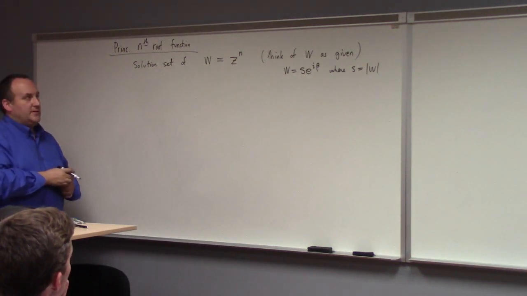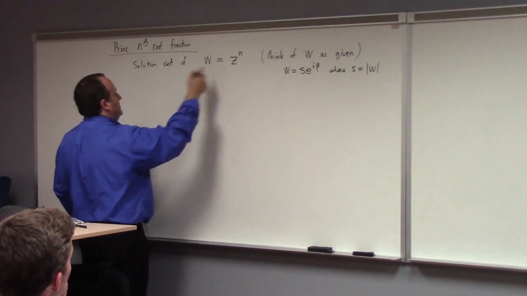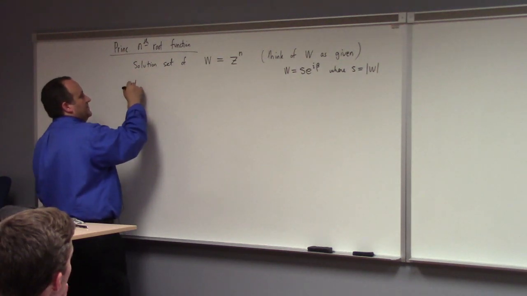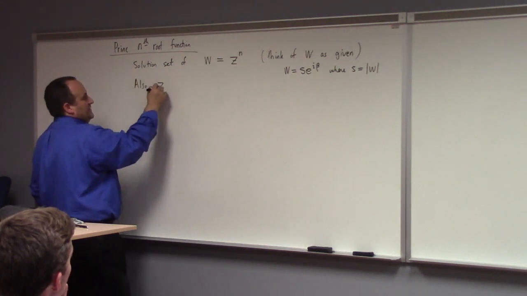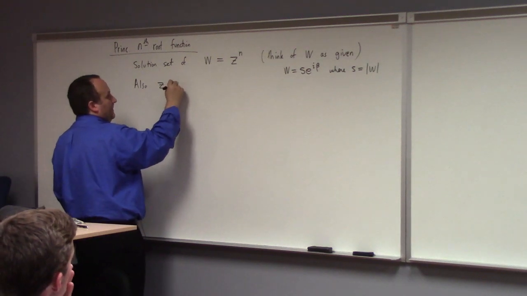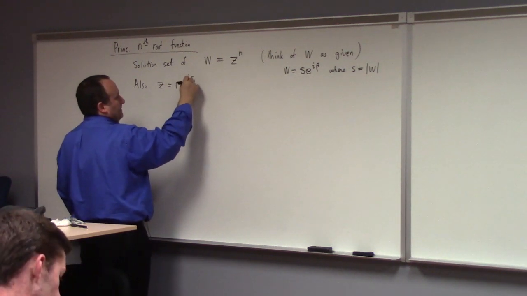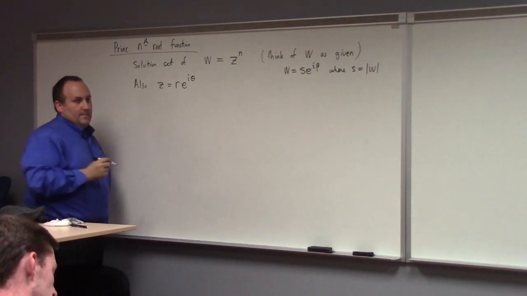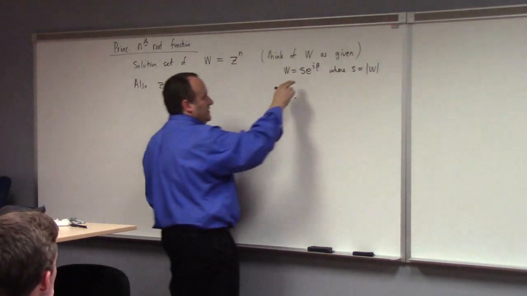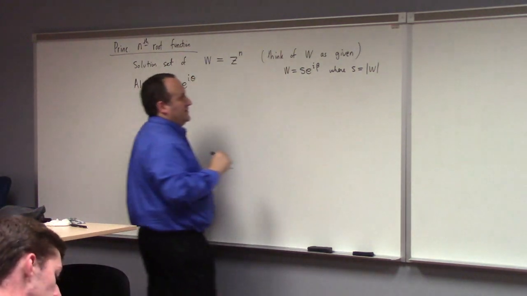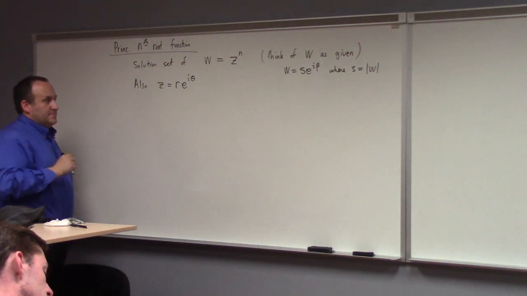Now for z, we'll let z equal r e to the i theta. Here again, we're going to fix our choice of s and beta.